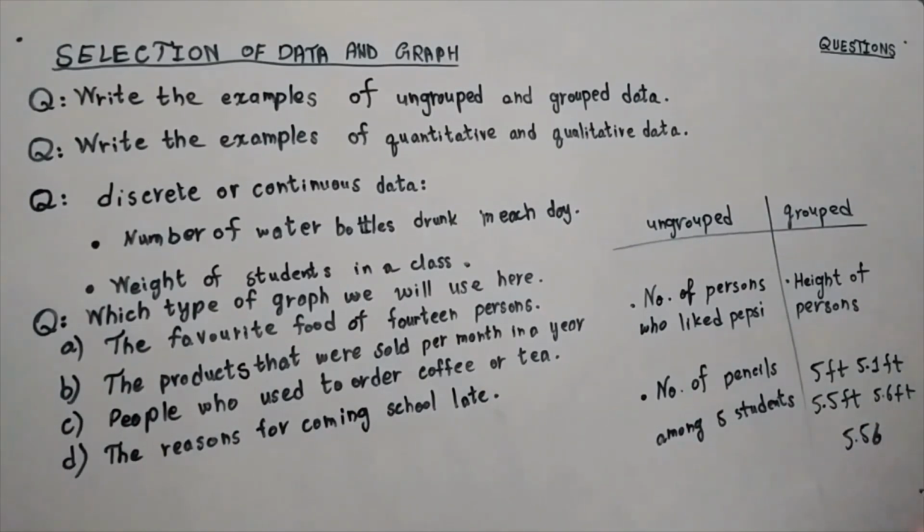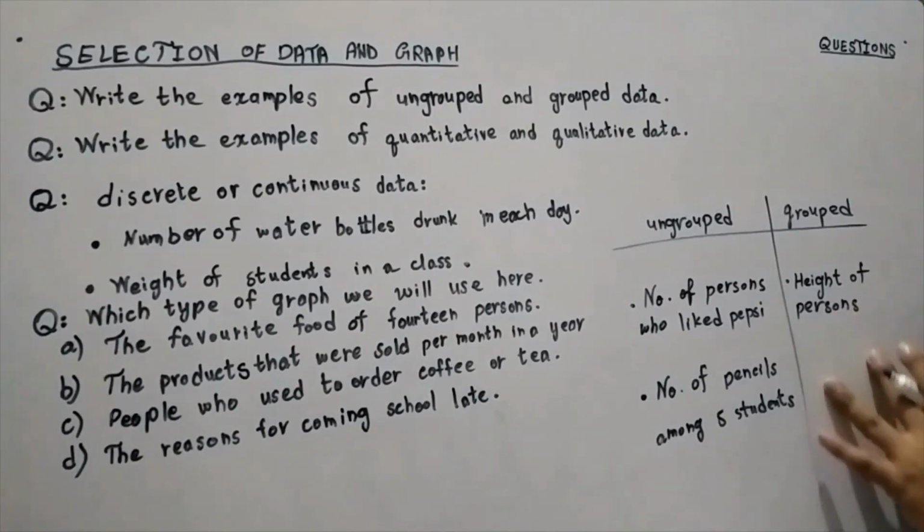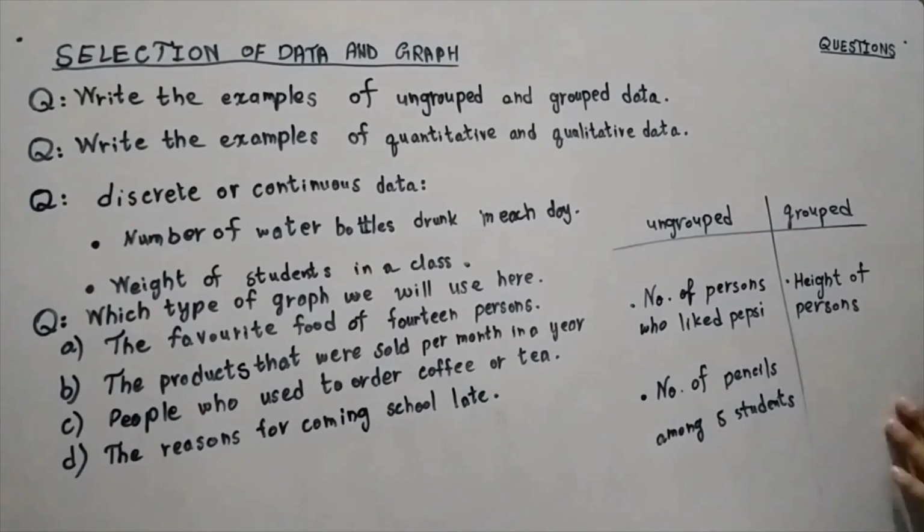You can see that 5.56 will lie between 5.5 and 5.6, so it will lie in this category too. I hope you are understanding it, because here we have to make a group to show the persons. Otherwise it is very difficult.